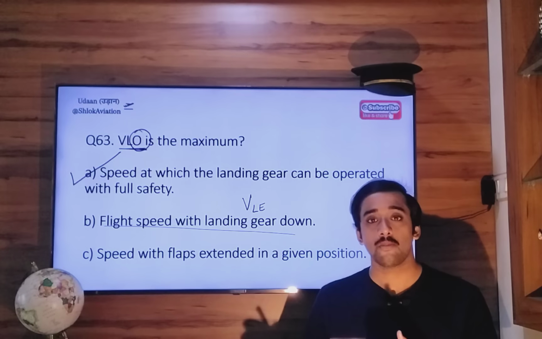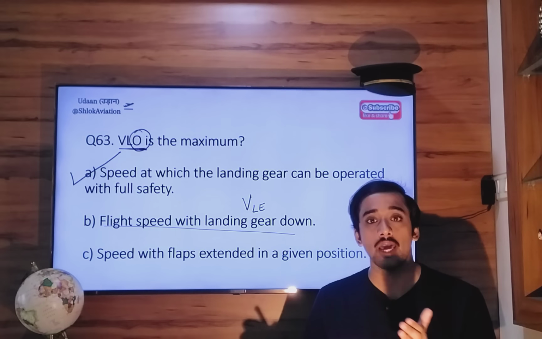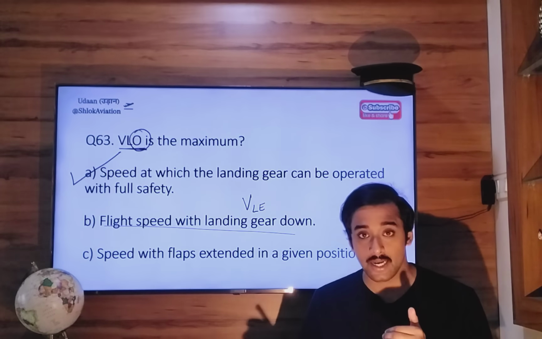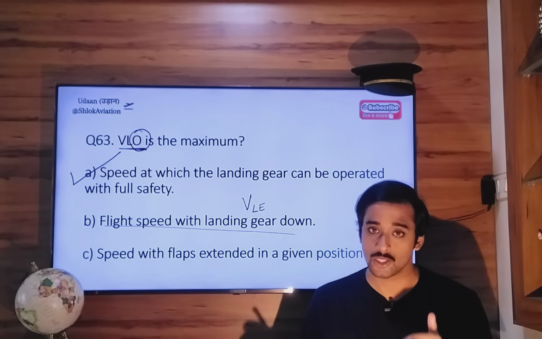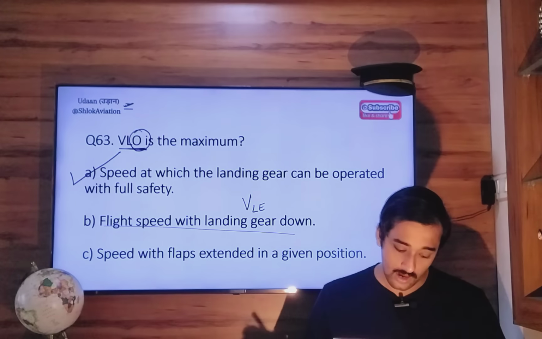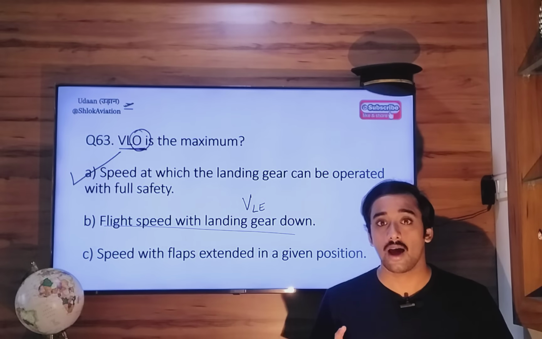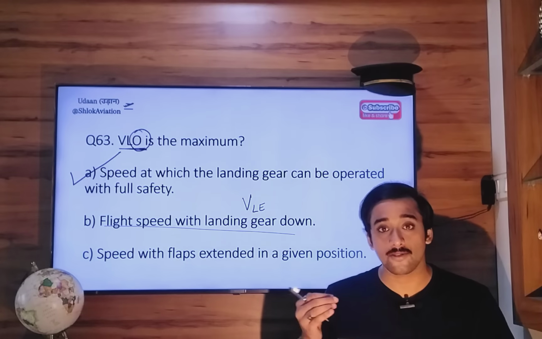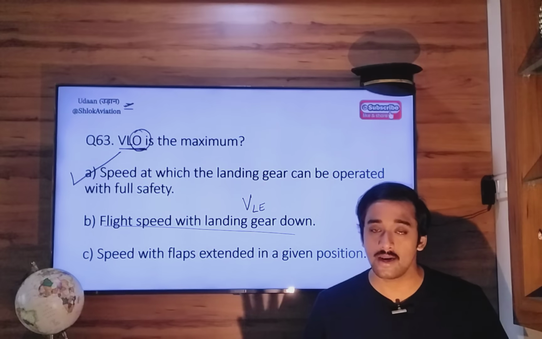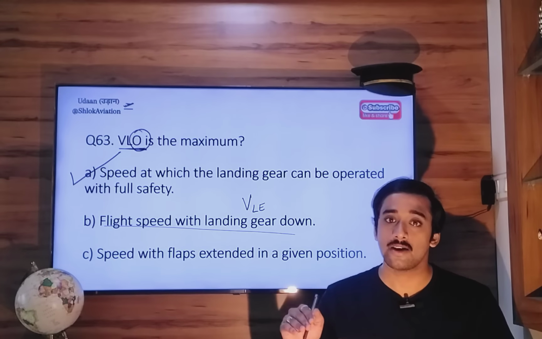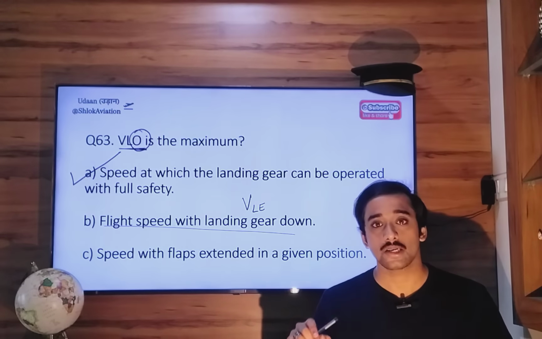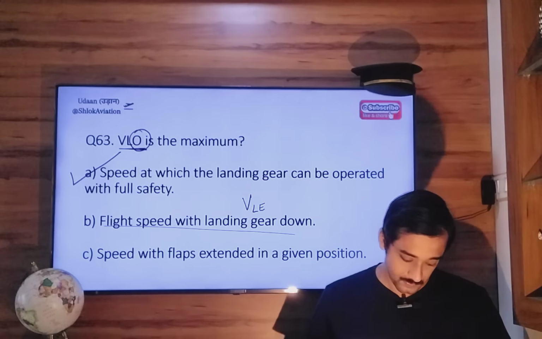That means the maximum speed at which you can fly your aircraft with landing gear extended, in the out position. So flight speed with landing gear down is VLE, the maximum speed after you have extended your landing gear and are flying with the landing gear maintained in the downward position.